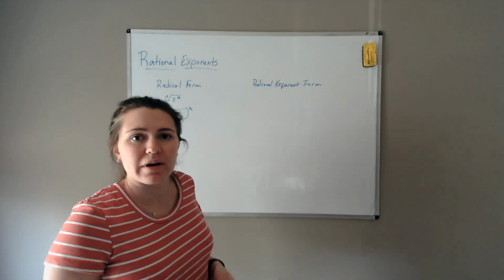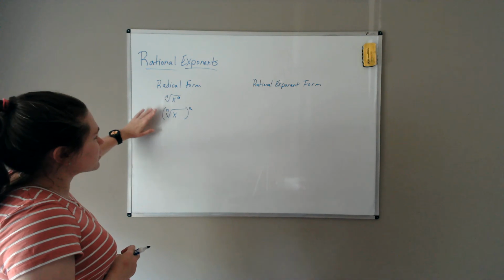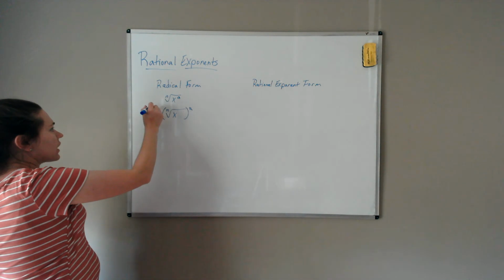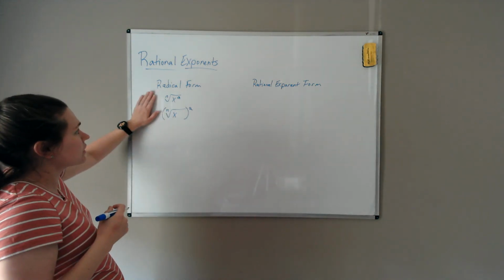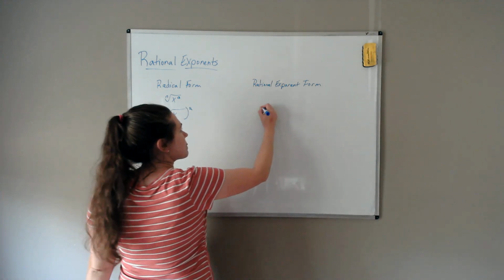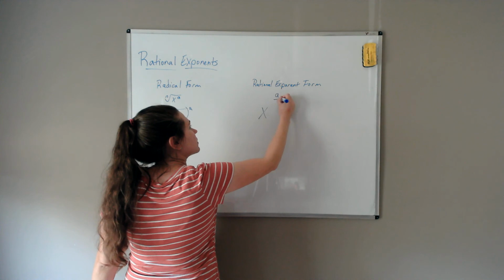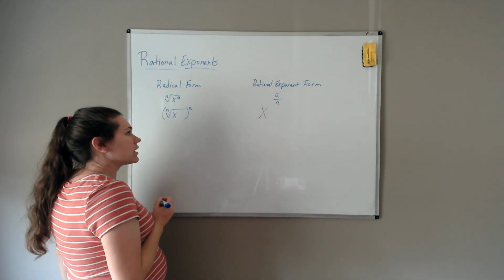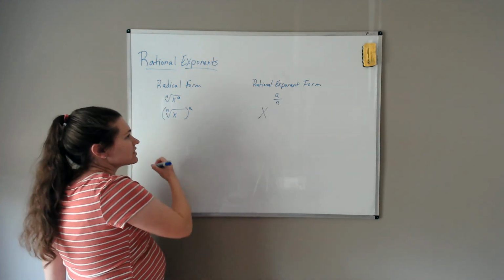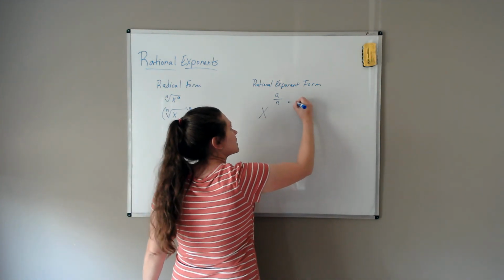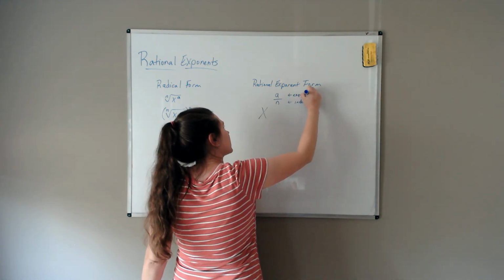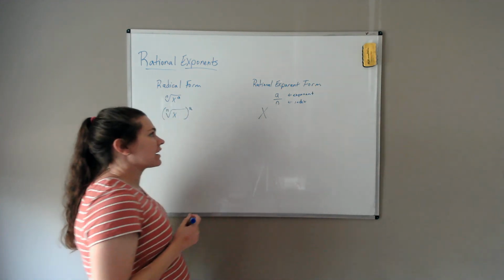However, domain restrictions might play a role. They might change from one expression to the other. But both of these are going to give you the same rational exponent form, which would be x raised to the a over n. Notice a is the exponent on x and n is the index. So the index is the denominator and the a is the exponent on x.